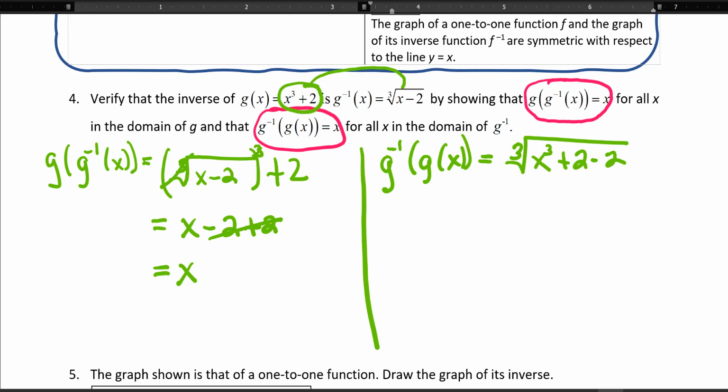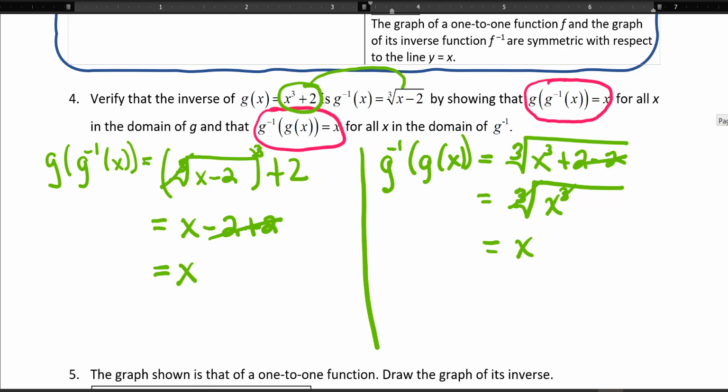Working under the radical sign, those 2's are going to cancel out, and we're left with x cubed. And the cube root of x cubed, the exponent of 3 and the cube root are going to cancel out. We have x. So to determine if two functions are inverses of each other, we're going to compose those functions, and if it's equal to x, then they are inverse functions of each other.